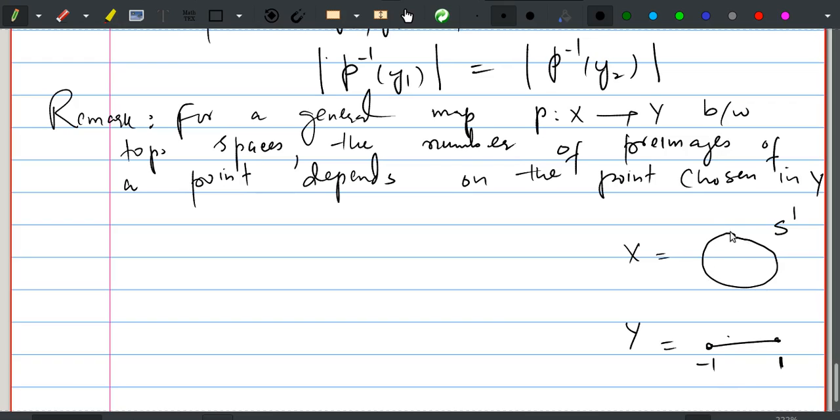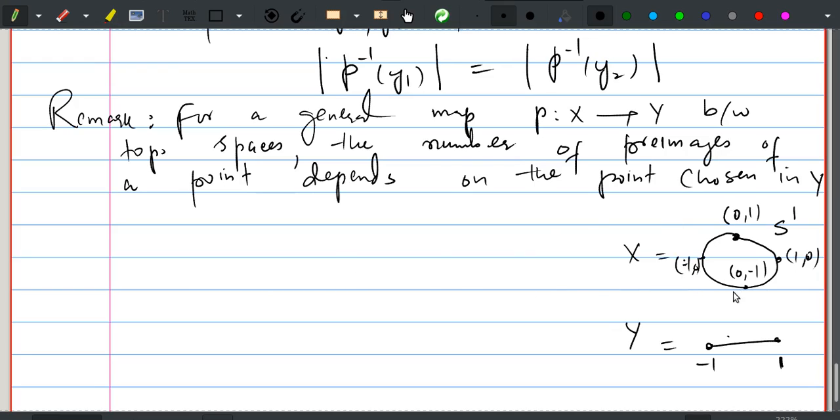So this is the point (0, 1) here, this is the point (0, -1), this is the point (1, 0), and this is the point (-1, 0).